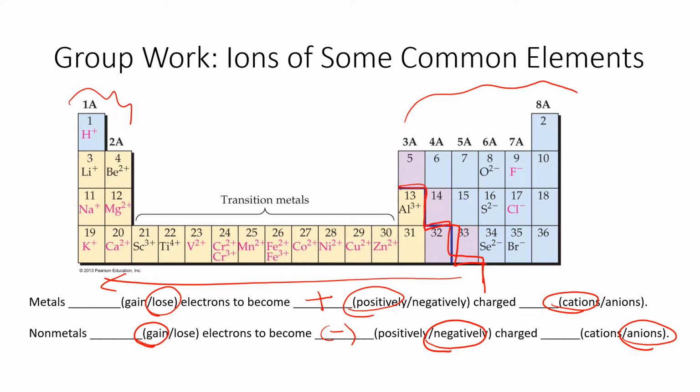So let's look at some patterns to help you see this, okay? If you look at group 1A and 2A, they have a charge of +1 and +2, because lithium can lose 1 electron here to get to the noble gas right before it, which happens to be helium over here.